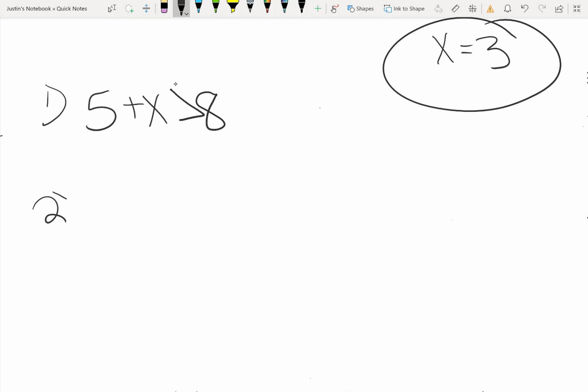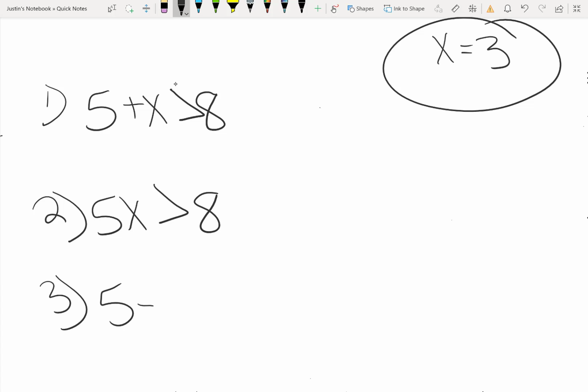Number 2 is going to be 5 times x is greater than 8. And then number 3 is going to be 5 plus x is greater than or equal to 8.